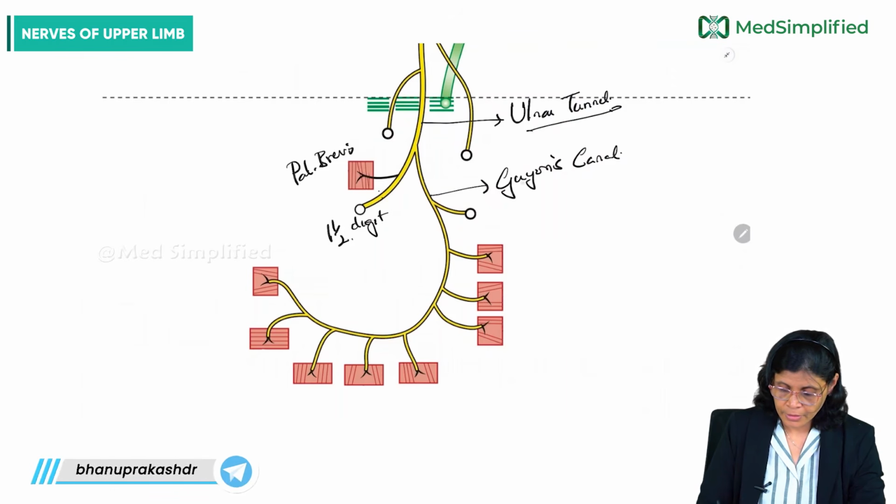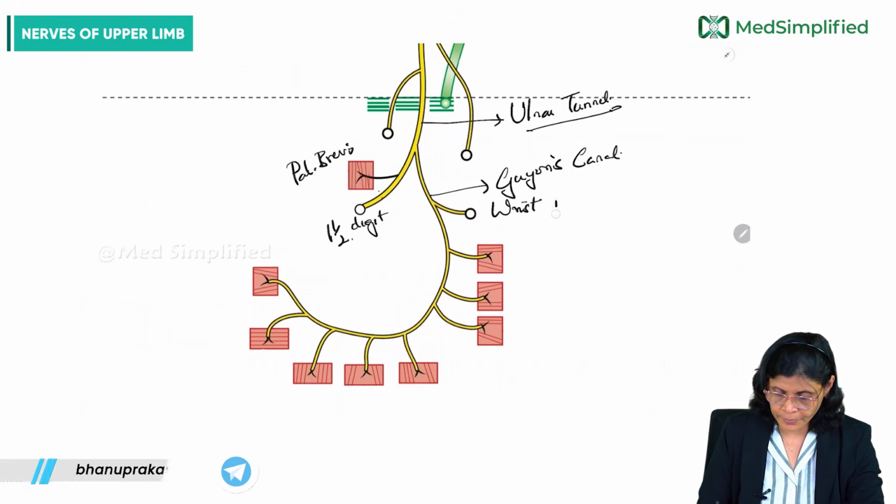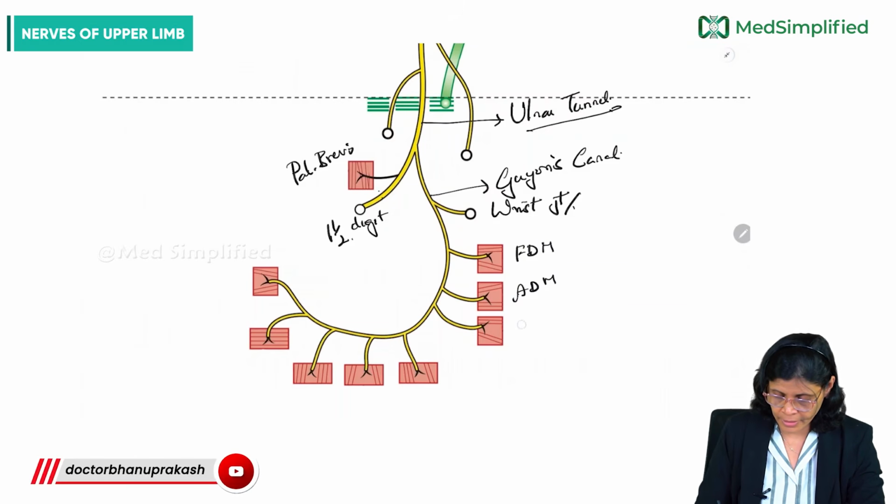Here, it supplies the wrist joint. Then all the hypothenar muscles, that is the flexor digiti minimi, abductor digiti minimi and opponens digiti minimi, it supplies the hypothenar.